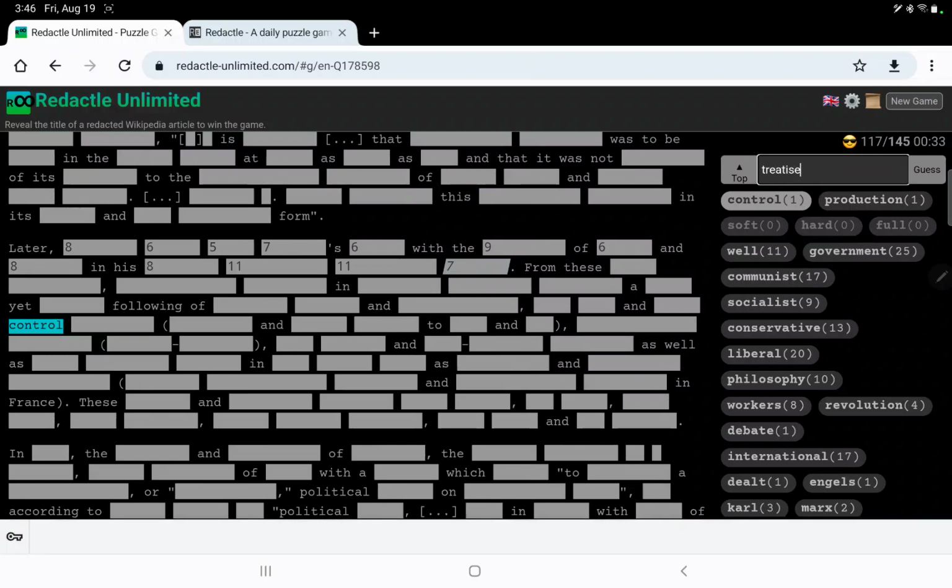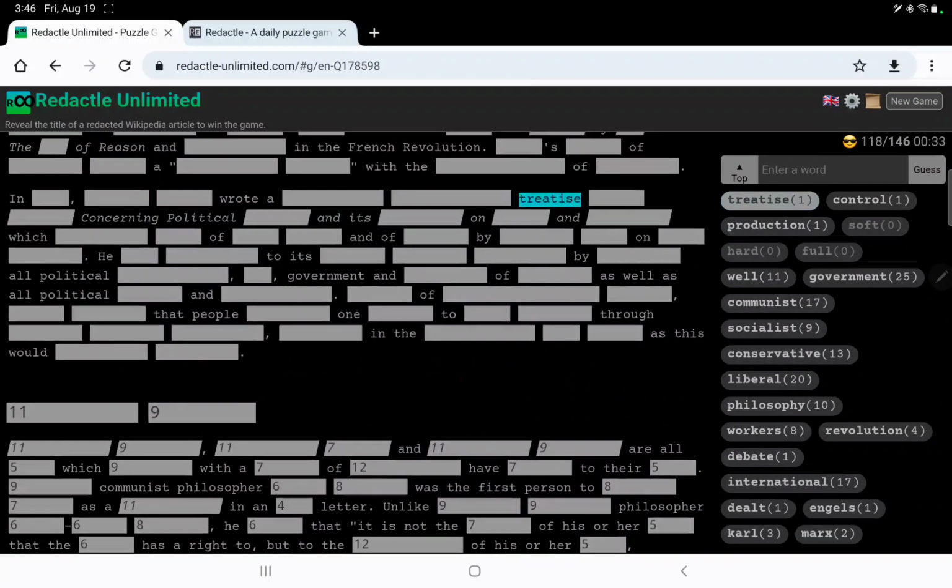Is there a treatise mentioned? One treatise. In some year, 7-6 wrote a treatise concerning political 7, and it's something on 6 and 9. All political something.